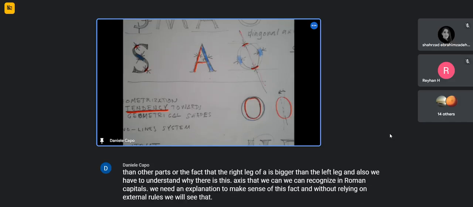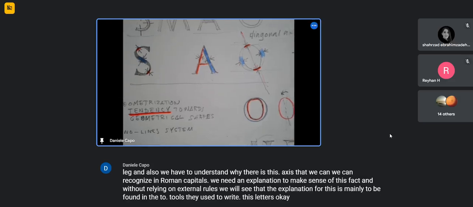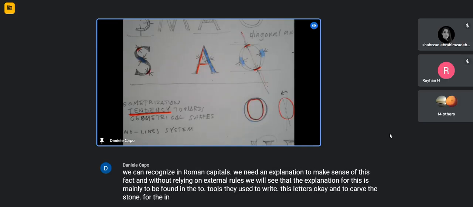We will see that the explanation for this is mainly to be found in the tools they used to write these letters, okay, and to carve the stones for the inscription.